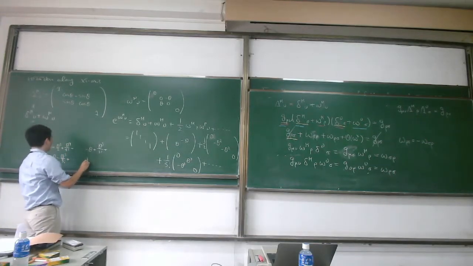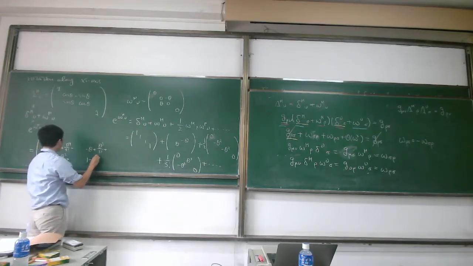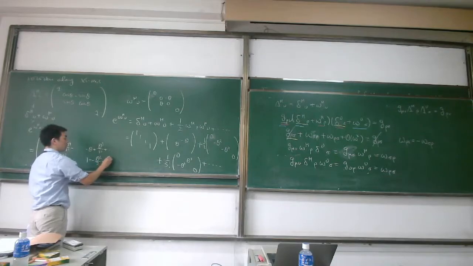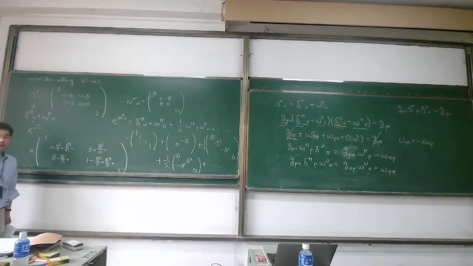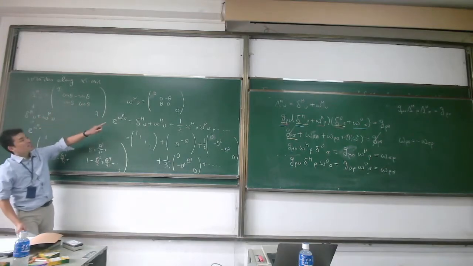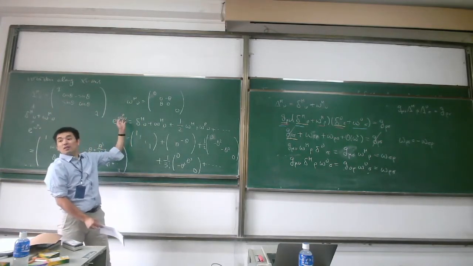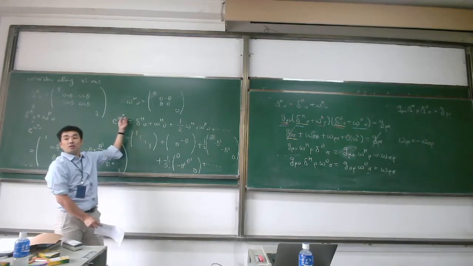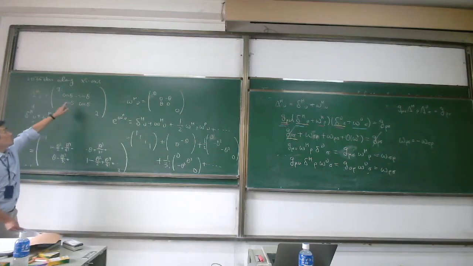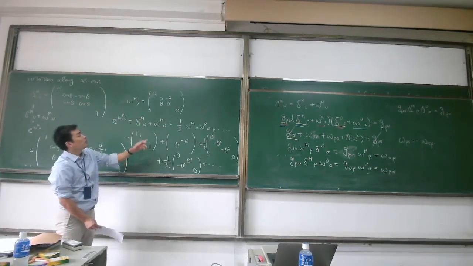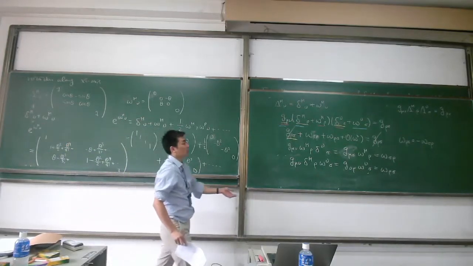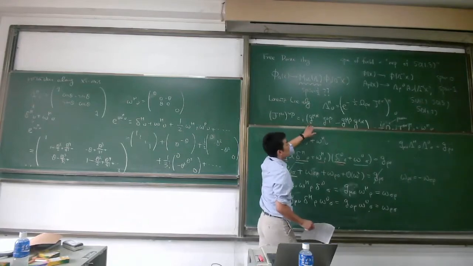And here 1 minus theta squared over 2 plus theta to the 4th over 4 factorial and dot dot. And 1. Do you agree? Do you understand what I'm doing? Yeah. Okay. So therefore, it just gives you the Taylor expansion. If you plug this one into the exponent of e to the omega, what you get is this one. It just gives you the Taylor expansion of this rotation. Okay? So therefore, this omega mu nu can be understood as the infinitesimal transformation of this rotation. So this is what I meant in here.